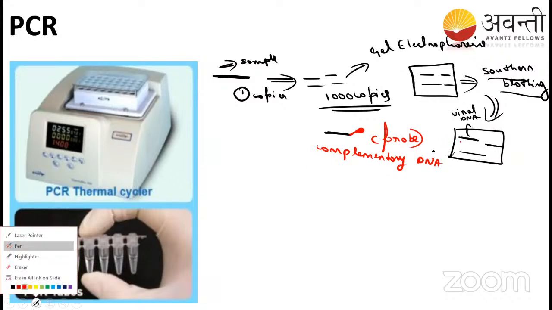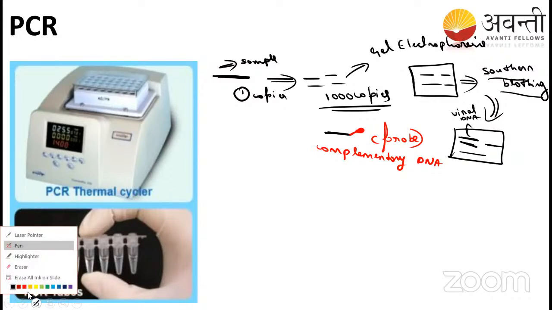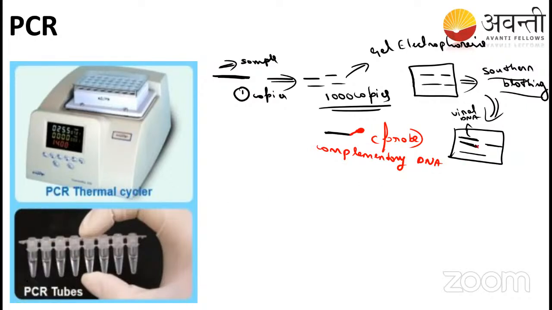The probe binds only to the viral DNA, not to all the other DNA. So now they will say this is a positive result. This is how they do it using the probe, complementary DNA.